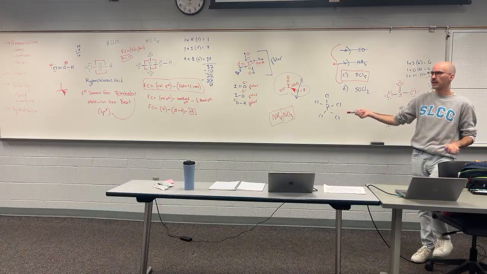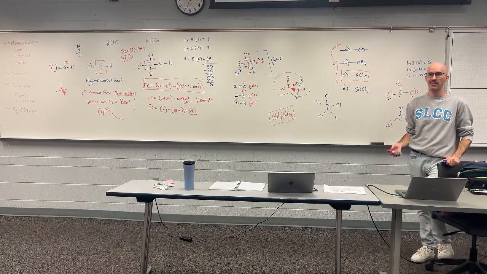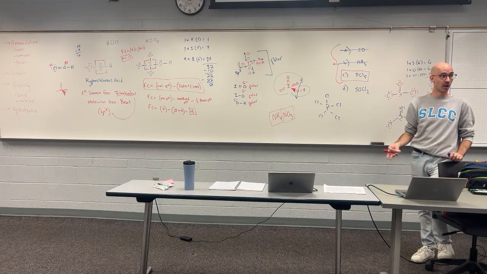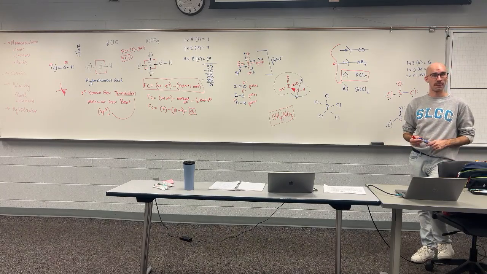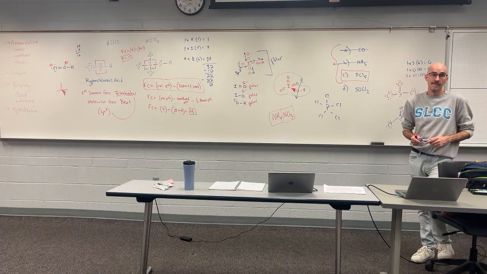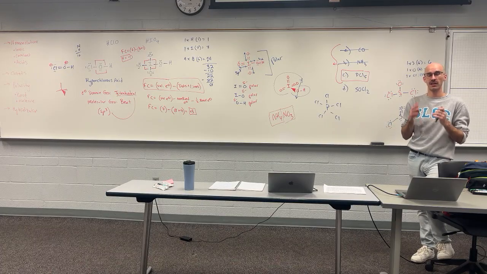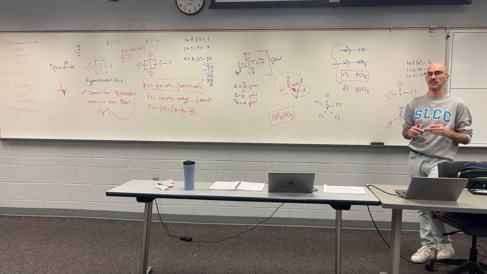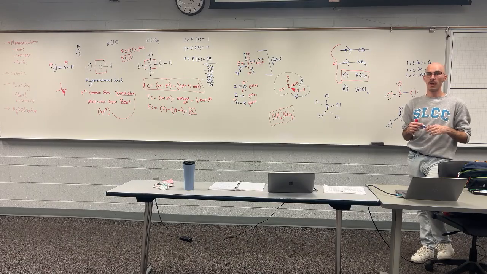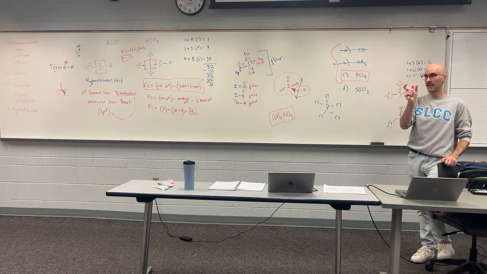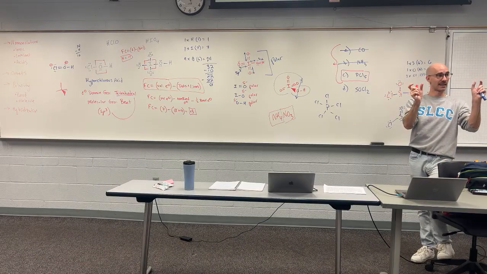What do you need to recognize about ammonium nitrate to know that it's ionic and not a covalent molecule? How do you know there are charges? What do you recognize about those combinations of elements? These are our polyatomic ions. You have to recognize ammonium, NH4, and you have to recognize nitrate.